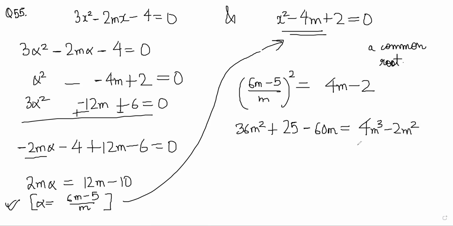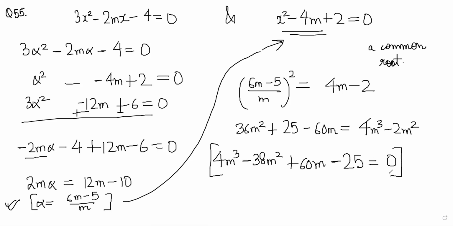So let's collect all the terms on one side: 4m cube minus 38m square plus 60m minus 25 is equal to 0. So this is the equation that is coming.